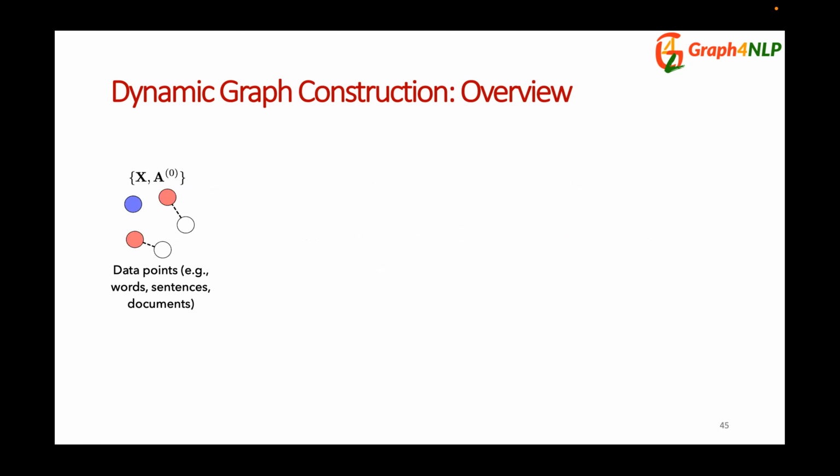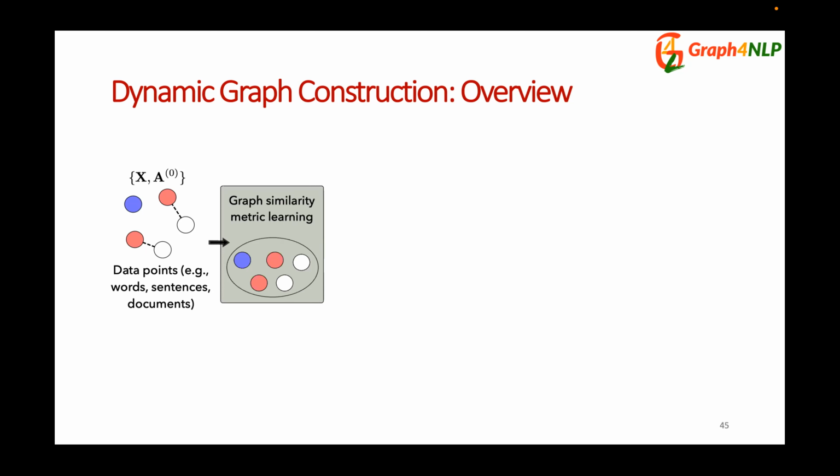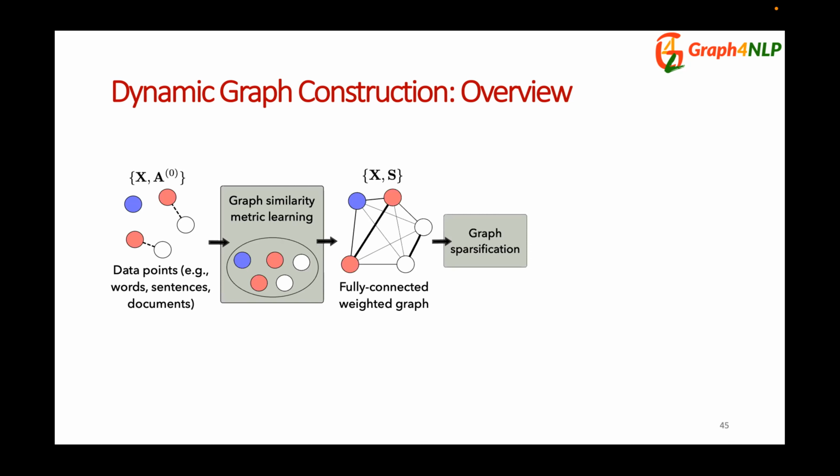Given a set of data points, where each data point can stand for various NLP elements such as words, sentences, or documents, we first apply graph similarity metric learning, which aims to capture the pairwise node similarity and returns a fully connected weighted graph. Then we can optionally apply some graph sparsification techniques to obtain a sparse graph, which I will talk about in more detail later.